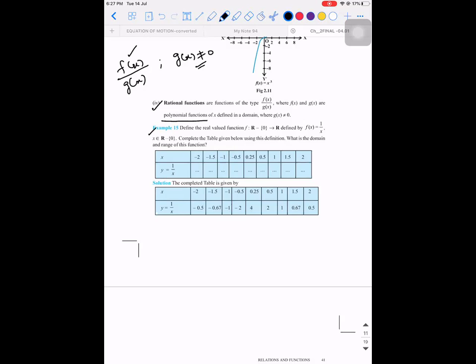Now let's look at example 15. I told you one point.